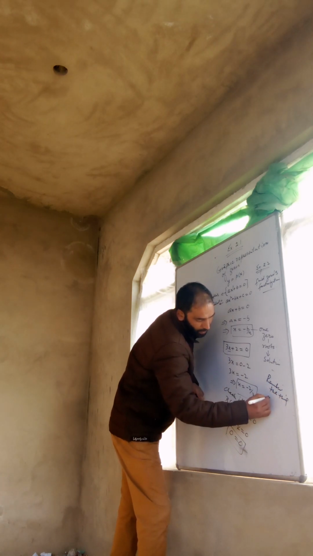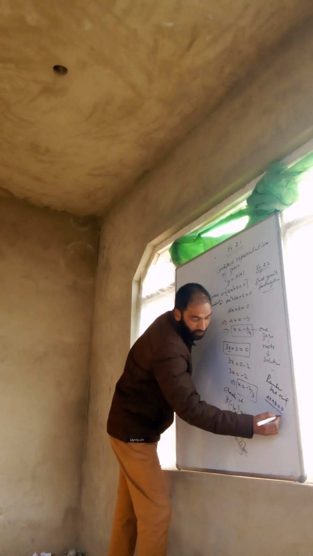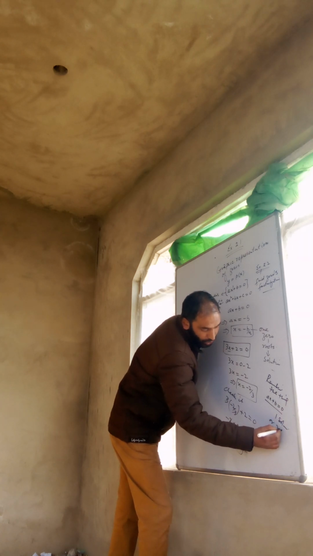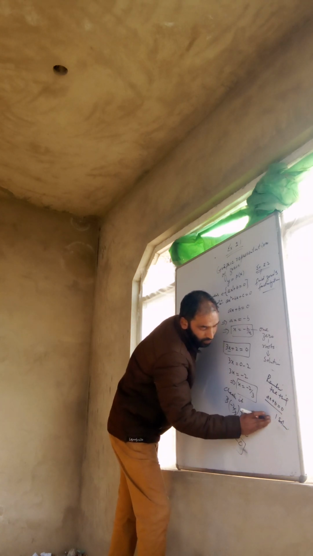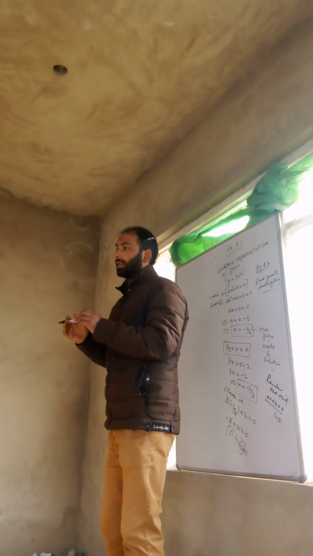ax plus b is equal to 0 has one solution, or zero solution. The maximum solution will be 1.